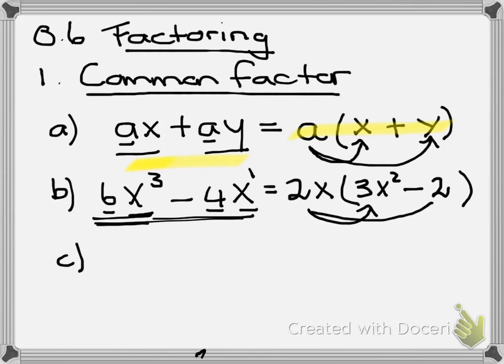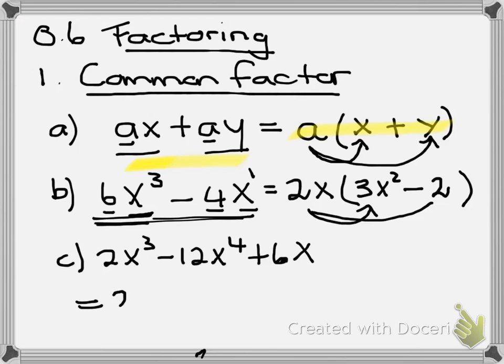Right, another one: 2x cubed minus 12x to the 4th plus 6x. I'm just following the course packet, so you can follow there as well. 2, 12, and 6: the common factor is 2. x to the 3rd, x to the 4th, x: the common factor is x, the one with the least exponent.